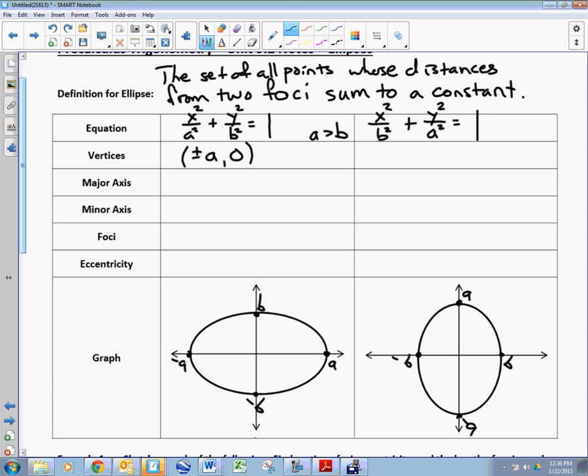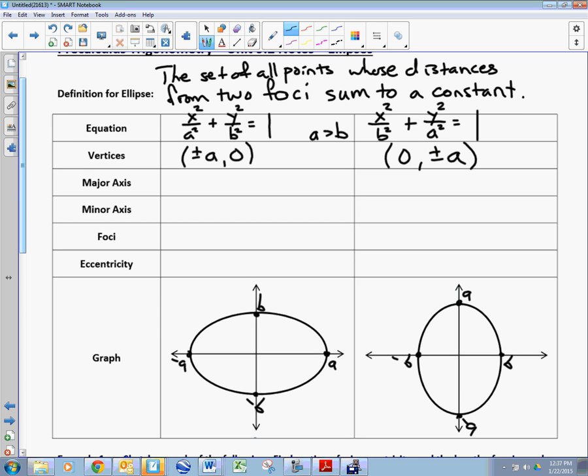If it's stretched vertically, what are the endpoints? Yes, only it's 0 and plus or minus a. We don't refer to b as vertices. They're just extra points. I don't know why. I would have included them. I don't like things being left out.